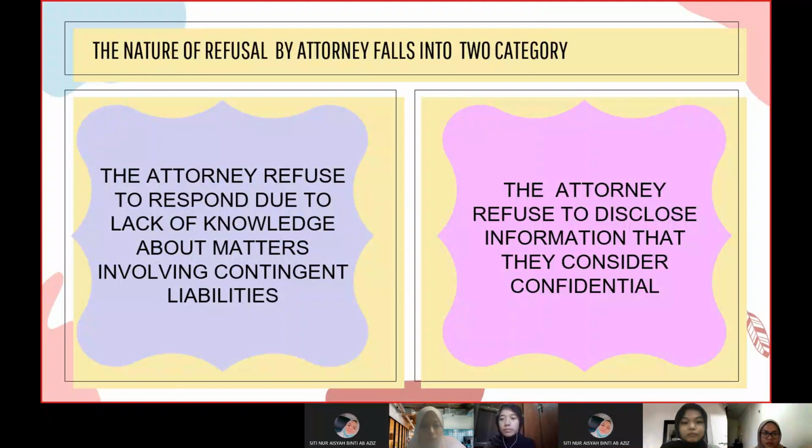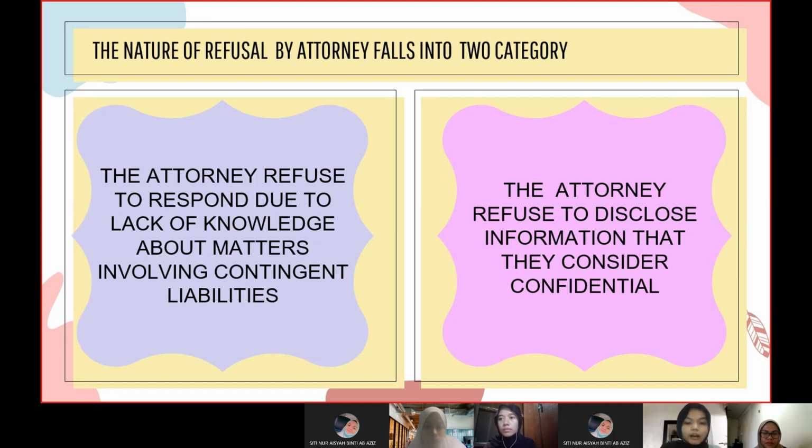Next, we move to the nature of refusal by attorneys, which falls into two categories. Attorneys in recent years have become reluctant to provide certain information to auditors because of their own exposure to legal liability for providing incorrect or confidential information.